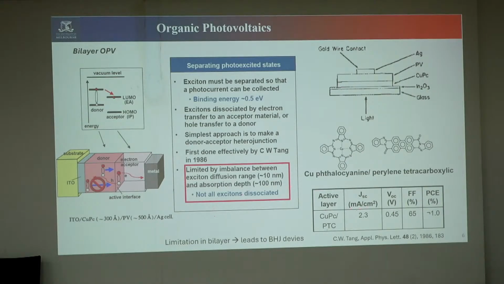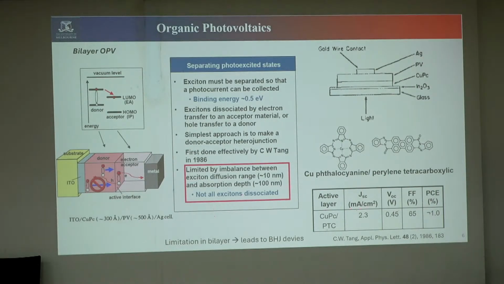Right now the diffusion length of the exciton is very low, less than 15 to 20 nanometers. That's why we need the domain size to be less than 20 to 25 nanometers. Then only can the exciton diffuse to the donor-acceptor junction.